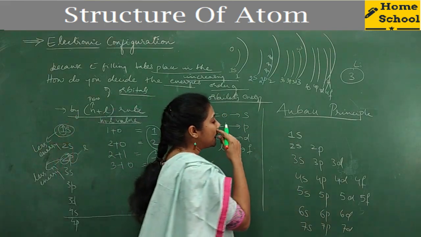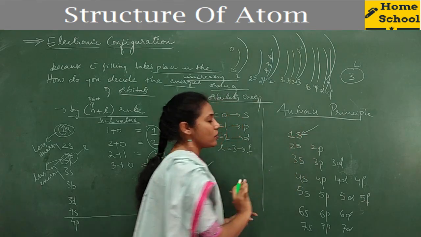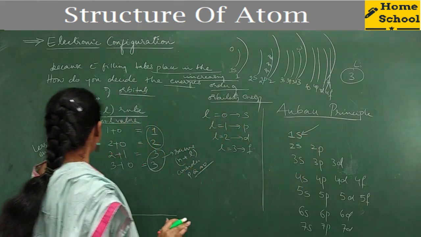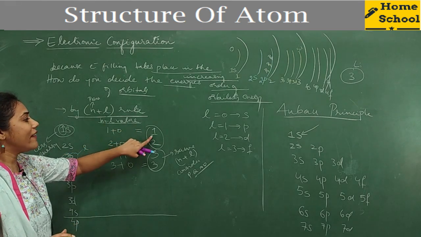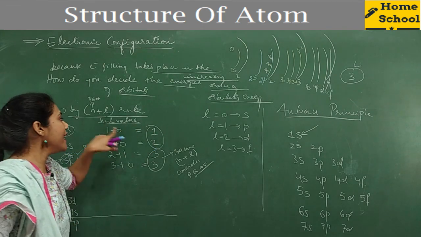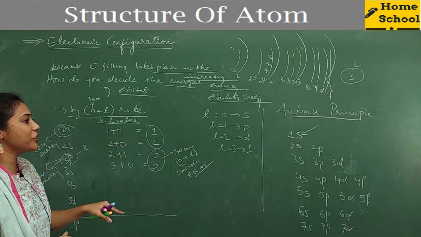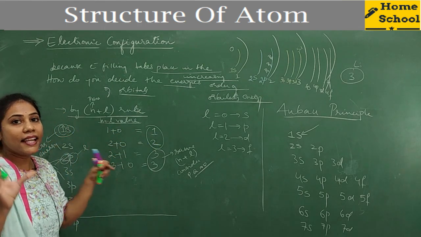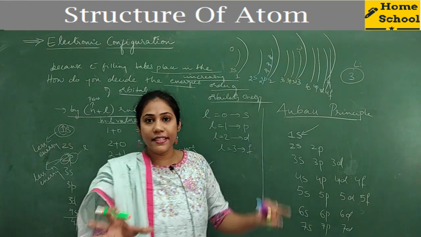Now what did he tell? The first electron goes to 1s always, because 1s has the lesser energy. See, you have got the least N plus L value. Least N plus L means this 1s subshell has lesser energy. That means the first electrons will always like to stay in the 1s subshell.